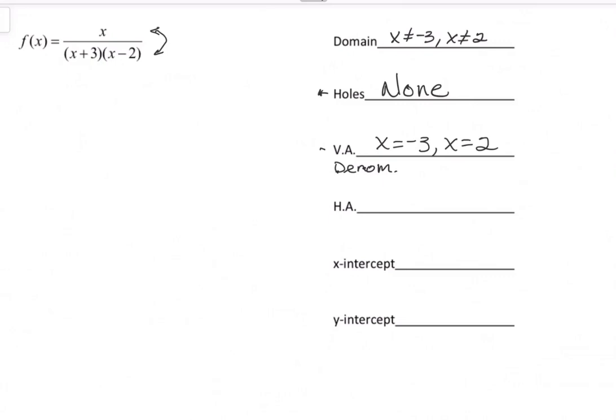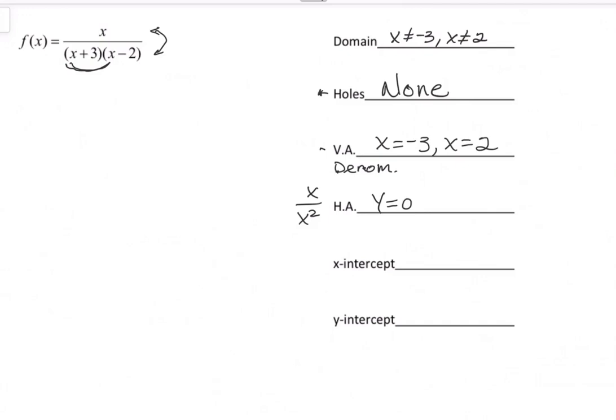For the horizontal asymptote, I want to compare leading term top and bottom. So on top, my leading term is x. In the denominator, I want to picture what it would look like multiplied out, and my leading term in the denominator would be x squared. And if I have more x's in the denominator than I do in the numerator, then my horizontal asymptote is y equal to 0.